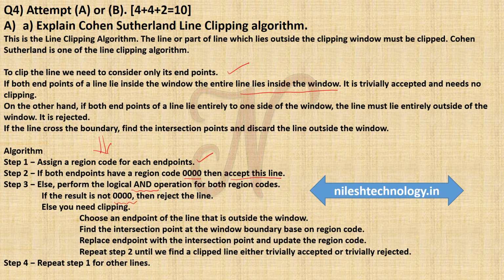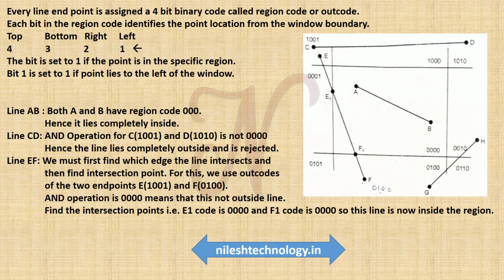Okay, see one example. This box is your region area, and outside this block we clip all the lines.